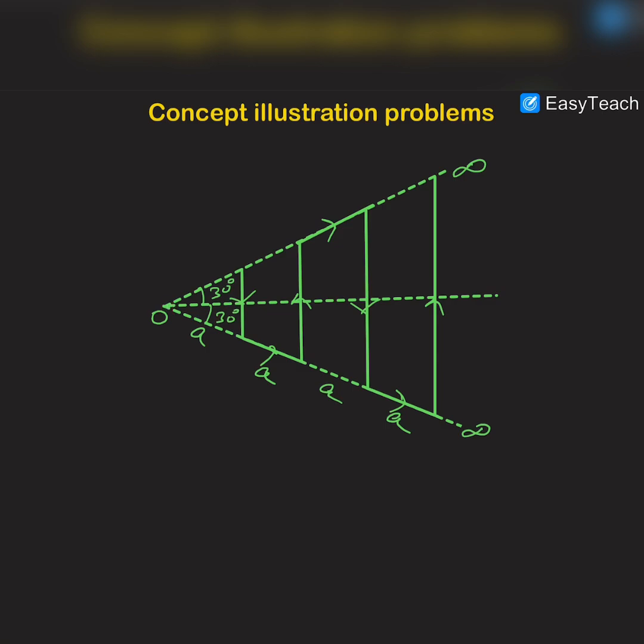Now we know that the magnetic field due to all of these wires which have this point O on their axis will be 0, because there is another wire, this one, having this current.